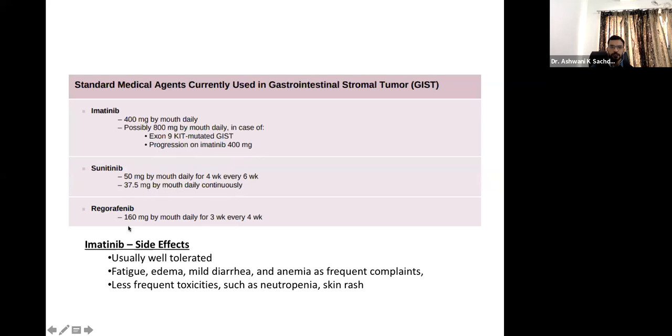Regorafenib is third line treatment for progressive disease. It's 160 milligram given for 3 weeks in a 4-week cycle. Usual side effects of imatinib are fatigue, edema, mild diarrhea, and anemia, and less frequent toxicity are neutropenia and skin rash. Overall, otherwise, it is a well-tolerated drug.